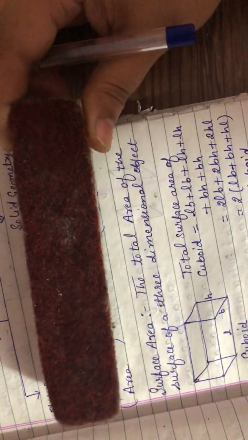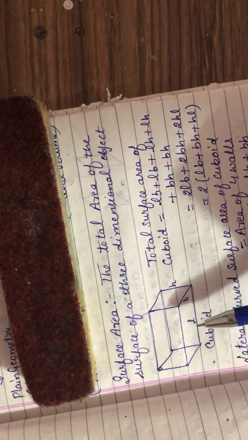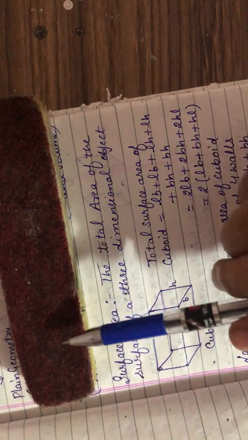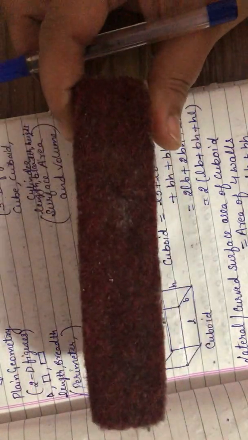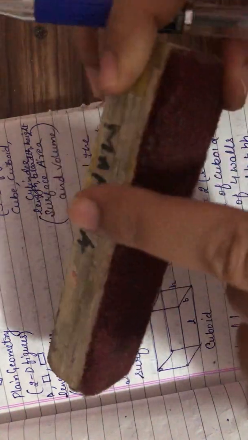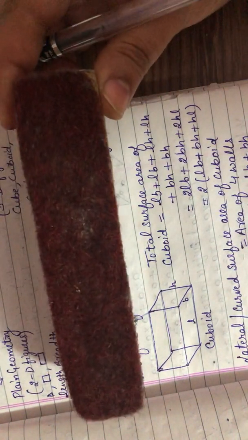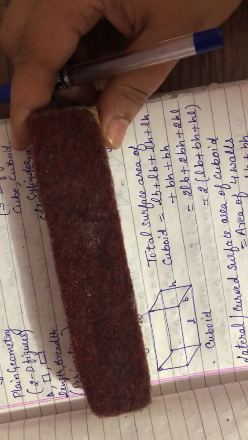This duster is also an example of a cuboid. What is a cuboid? A cuboid is a 3D figure which has six faces: 1, 2, 3, 4, 5 and 6, and all the faces are of rectangular shape.